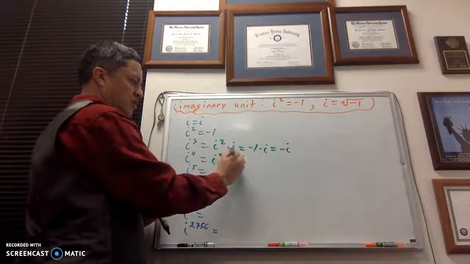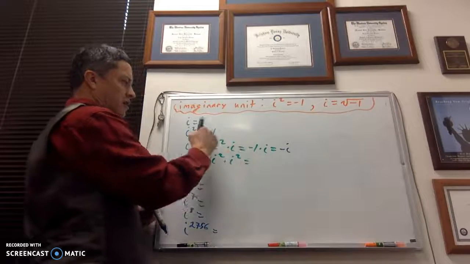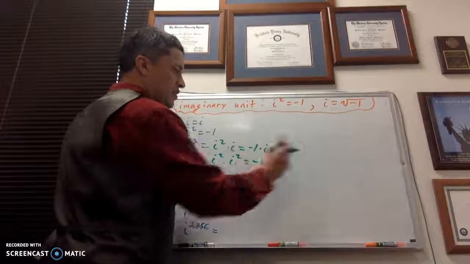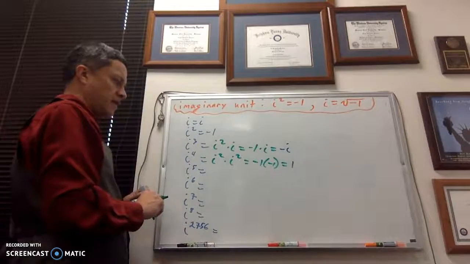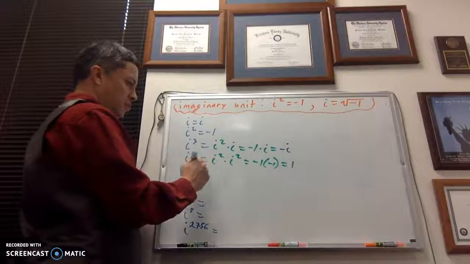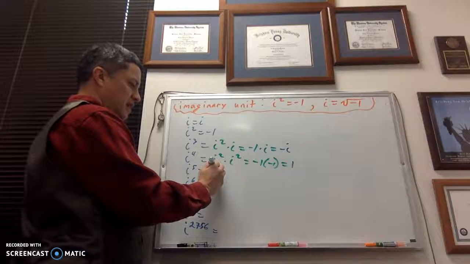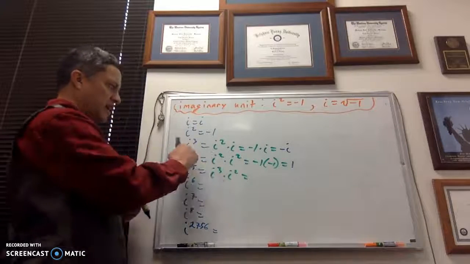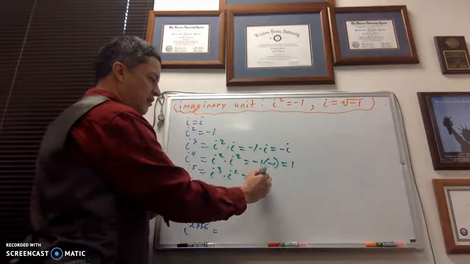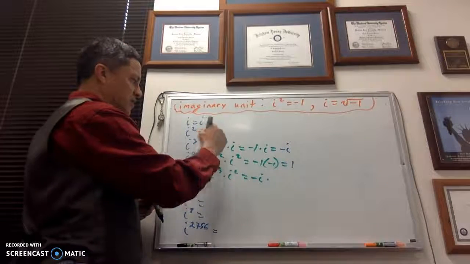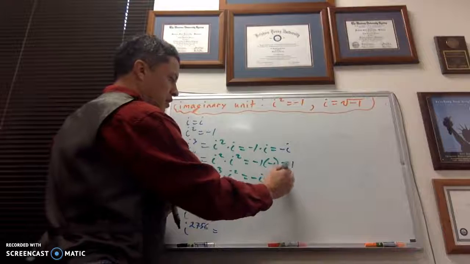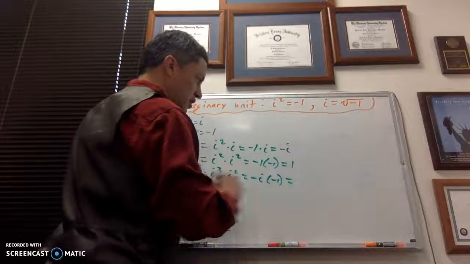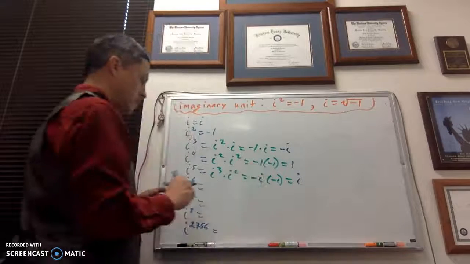Would you agree that that's i squared times i squared, or negative 1 times negative 1, which is a positive 1? Now let's look at i to the 5th. Would you agree that that's the same thing as i cubed times i squared? We figured out that i cubed is a negative i, and i squared is a negative 1. So that's a negative i times a negative 1, that's going to be a positive i. Interesting.